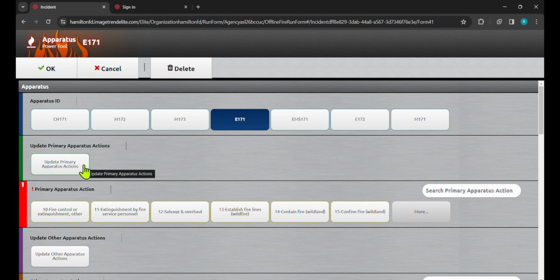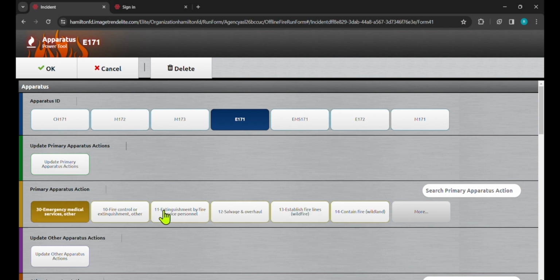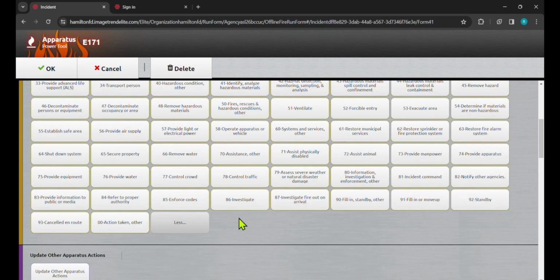Okay, so this is where accurate and thorough documentation matters, this is one of those easy left turns that we don't want you to make. It is very easy to just hit this button because we're used to hitting that button. Okay. And maybe that's appropriate. Maybe they were there with you. A very common thing is that an engine gets canceled. Okay. So if an engine gets canceled, well, that's not now accurate. They didn't provide emergency medical services.